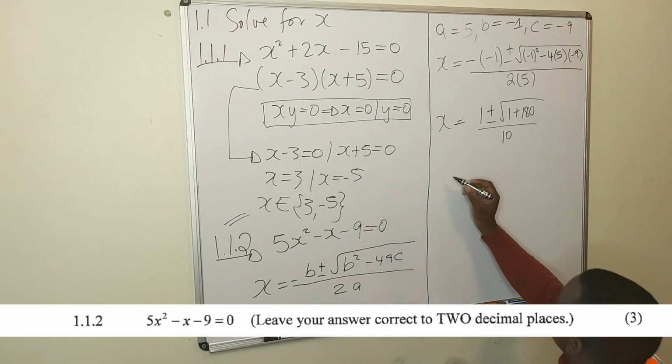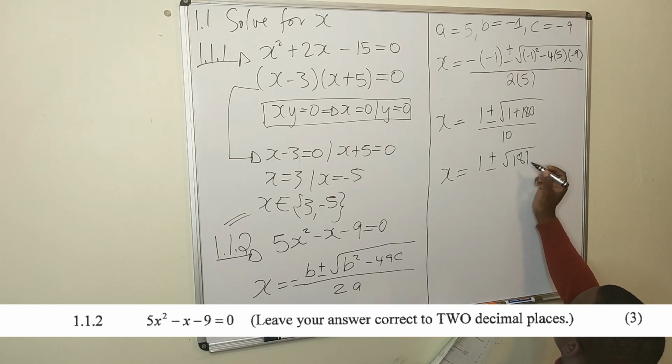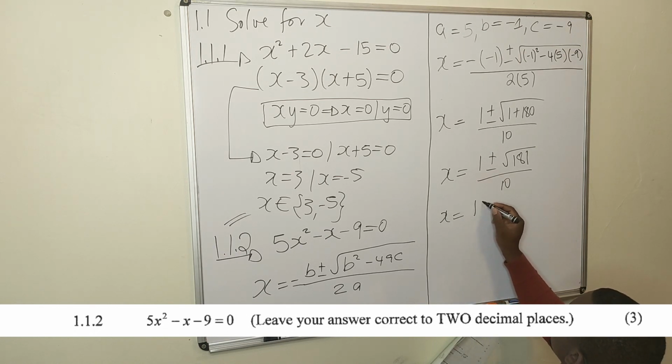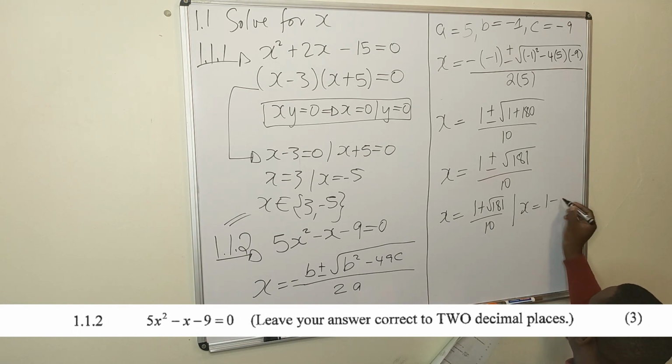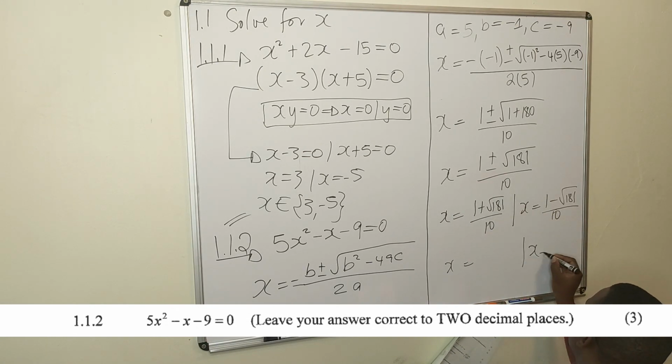So x is equal to 1 plus or minus the square root of 181, all over 10. So x is equal to 1 plus the square root of 181 over 10, or x is equal to 1 minus the square root of 181 over 10. Now punch the answer of this in a calculator. So let's do that.